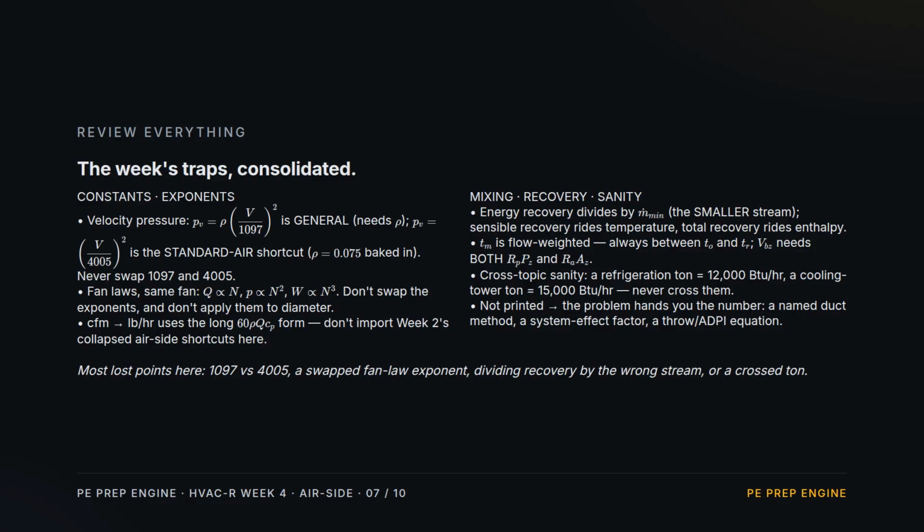On mixing and recovery, energy recovery always divides by the smaller stream's mass flow, and sensible rides temperature while total rides enthalpy. Mixed air temperature is flow-weighted, and breathing zone air needs both the per person and the per area term. Cross-topic check. A refrigeration ton is 12,000, a cooling tower ton, 15,000.